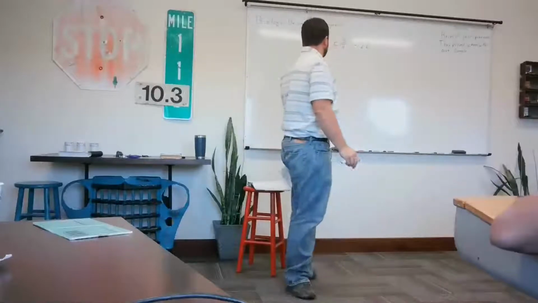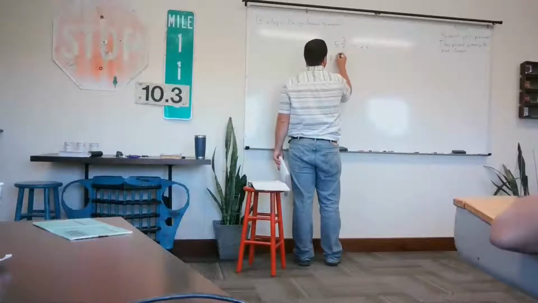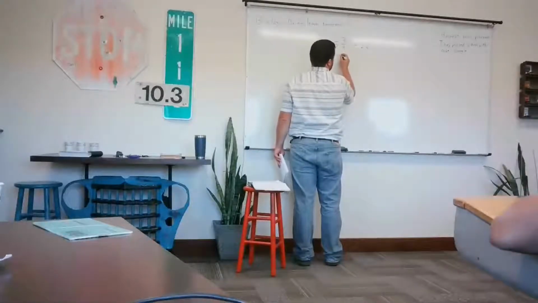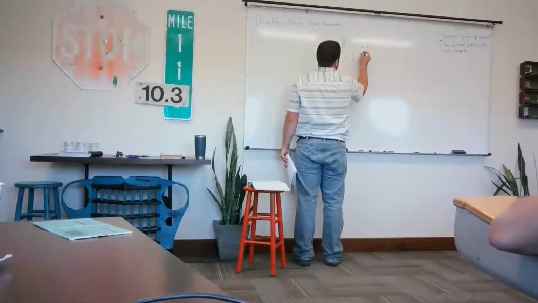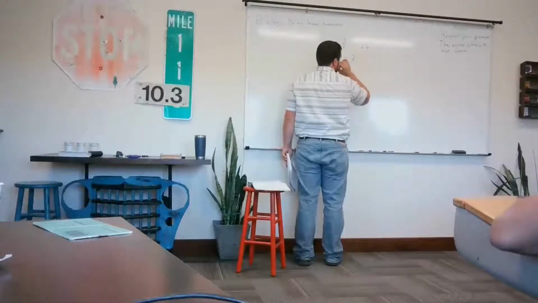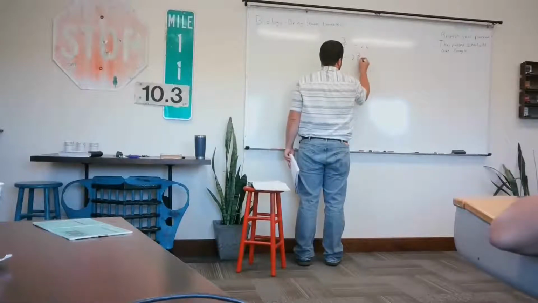Yes, lowest common denominator is 12, so we have 5 and what's our top number? 9. 9 over 12 minus 2 and 2 over 12. Yeah, it's 2 over 12. All right.